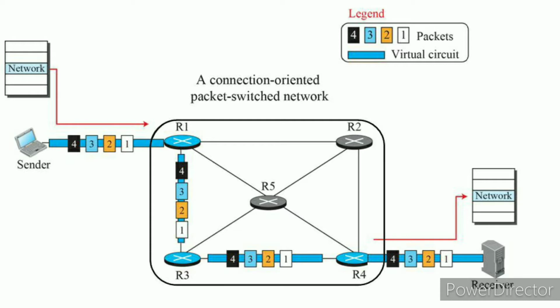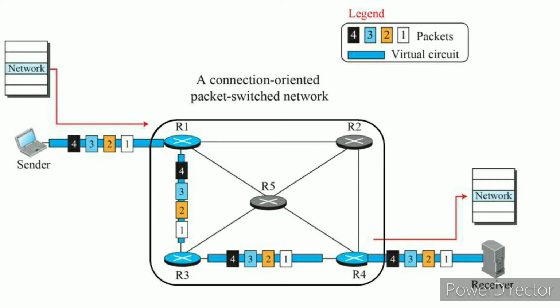Here in the diagram, we want to send all these 4 packets from the sender to the receiver. The network layer will send the packets to the router R1. Initially the path has been established like R1, then it reaches R3 and then R4. All the packets will follow the same path.